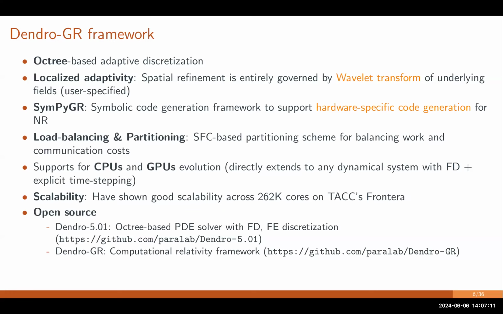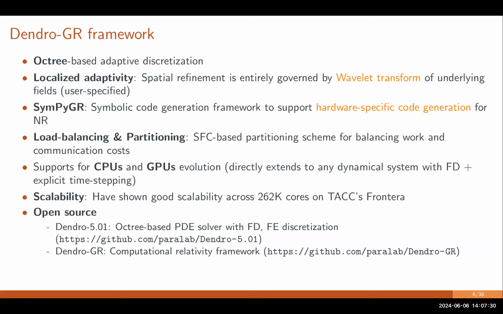Instead, the refinement is automatically guided by the wavelet coefficients, which I will explain in more detail. And also we have a symbolic code generation framework that supports hardware-specific code generation.